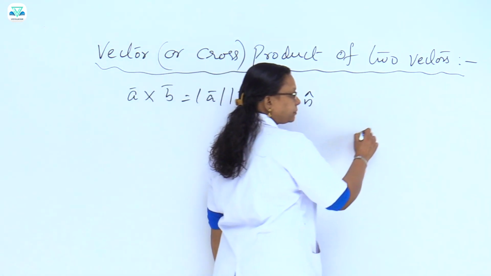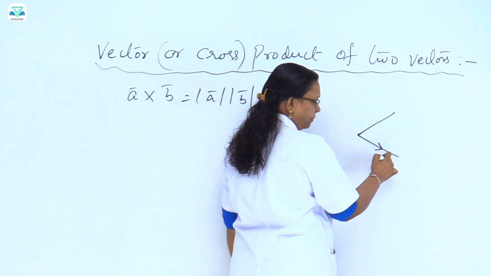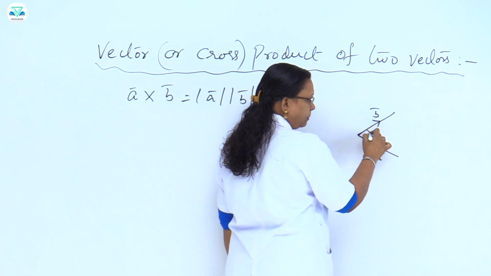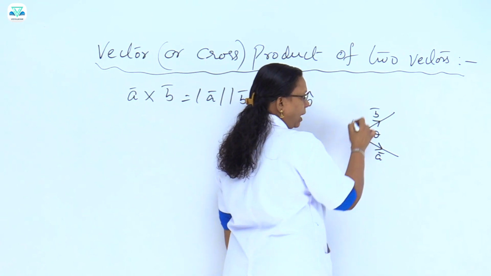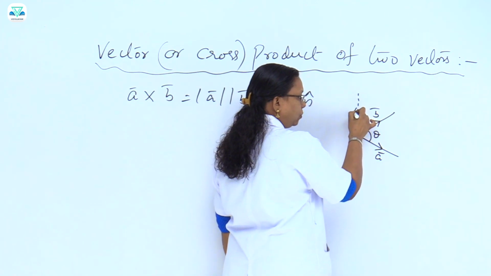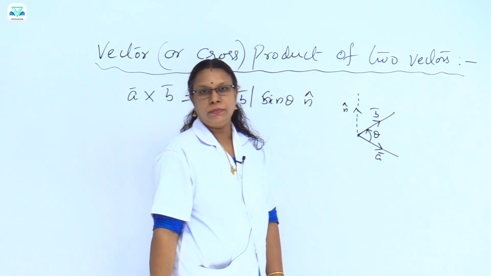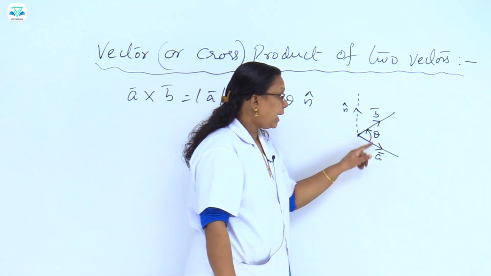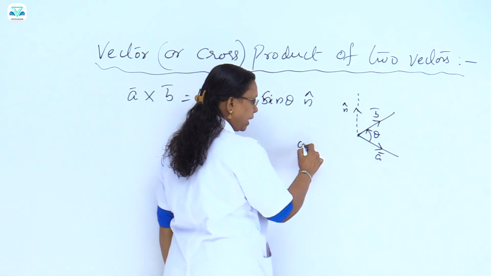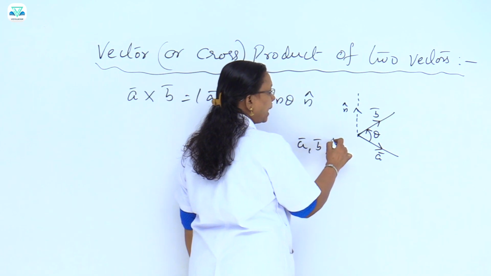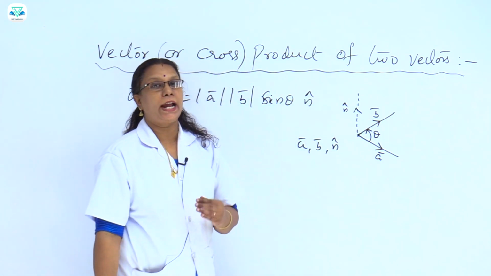That is, A and B are two vectors, the angle between them is theta, and n cap is the unit vector perpendicular to A and B, directed so that vector A, vector B, and vector n cap form a right handed system.